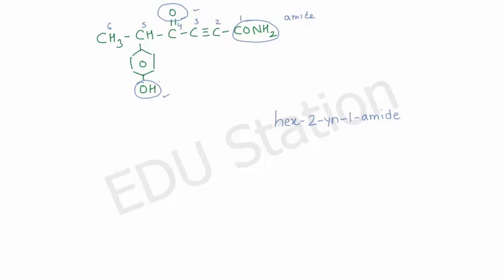Now, if you observe, on the 5th carbon you have a ring, but this is not an ordinary ring, otherwise it would have been phenyl. It also contains an OH, so it becomes a complex. For the numbering of the complex, the carbon which touches the principal chain will be 1, 2, 3, 4.